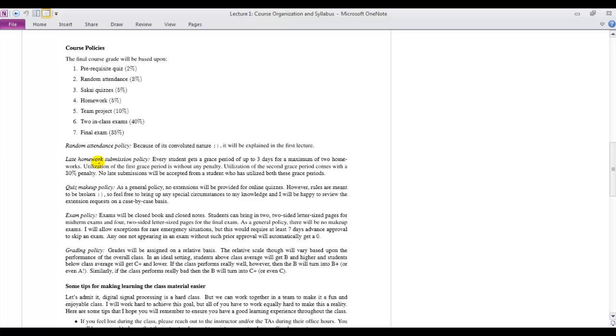So to prevent that, in general, if the class was behaving as I expected, people who are on average, above average, close to average, will get B, then B plus, then A, and similarly below the average will get C plus, C, D, and hopefully no one will get an F. Okay? But if the whole class performs worse than what I was expecting, then average could easily get a C plus too. So it will be curved, but it's not going to be just blind curving. Okay?